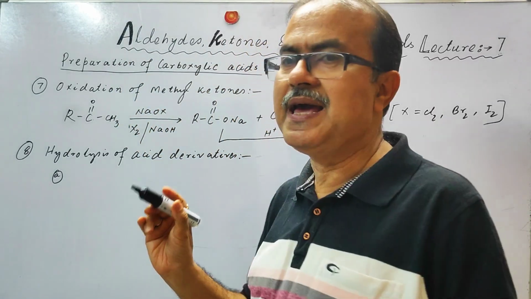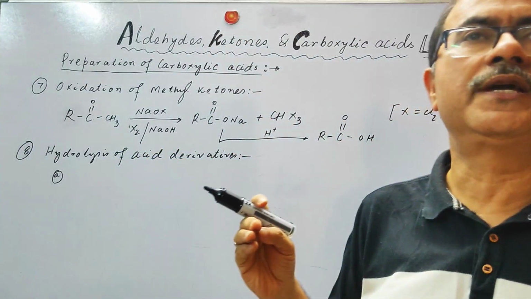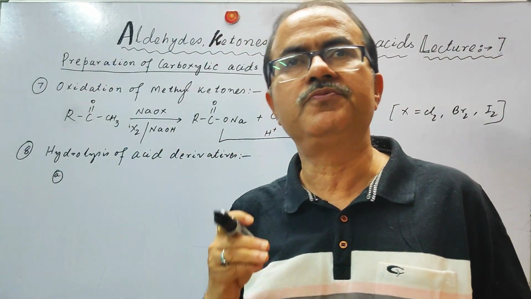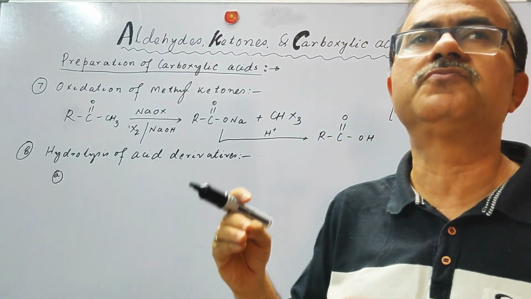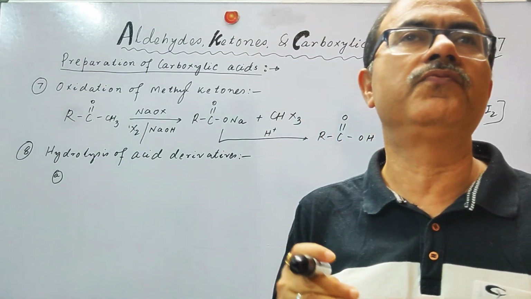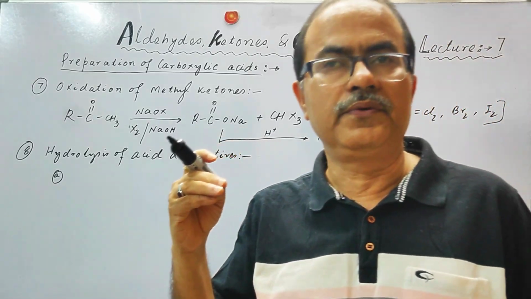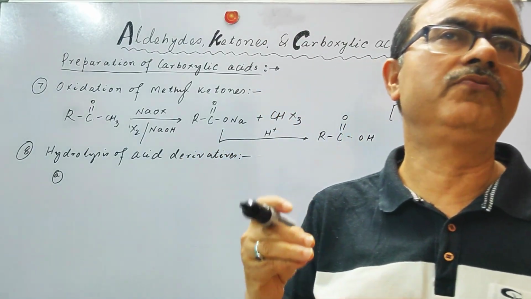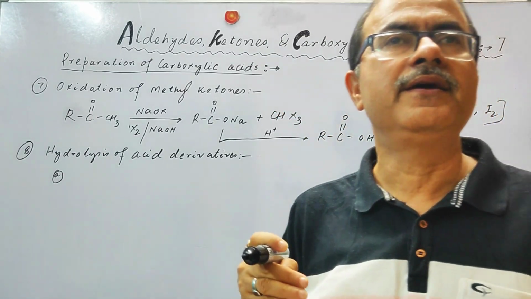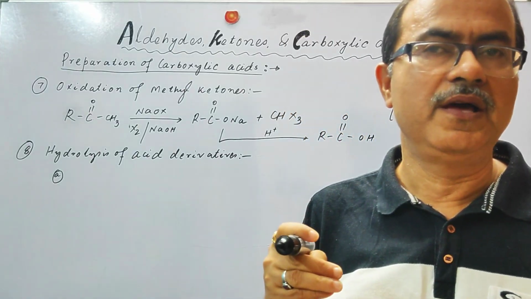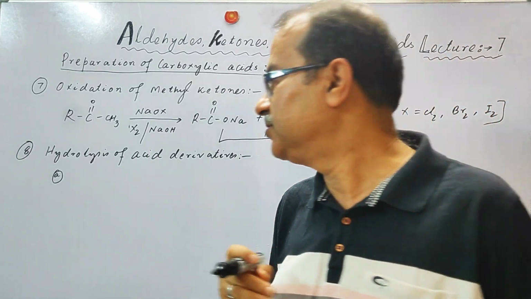When we hydrolyze acid chloride in presence of normal water, the carboxylic acid is produced, and when it is hydrolyzed in presence of alkali, the carboxylate ion is produced, and this is further acidified, and it will produce the carboxylic acid. Acid anhydride, when we react with water, is going to give the carboxylic acid. Another acid derivative is the ester, and when we hydrolyze the ester, it is again going to give you the carboxylic acid.